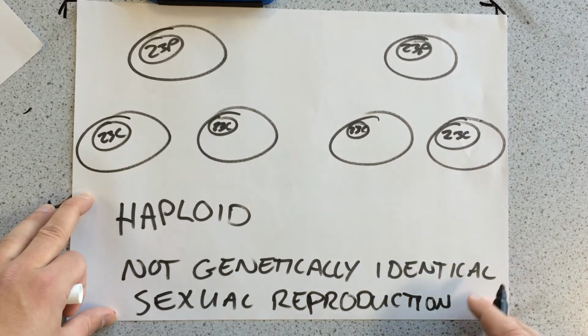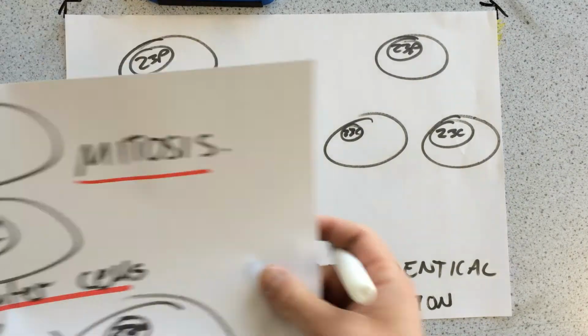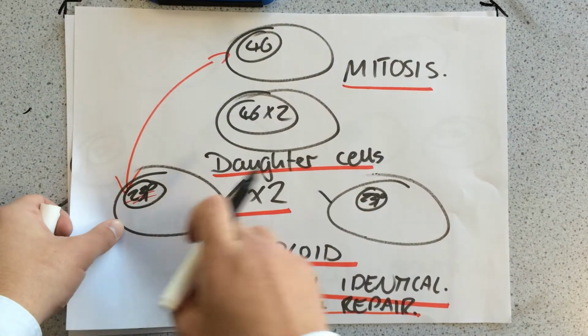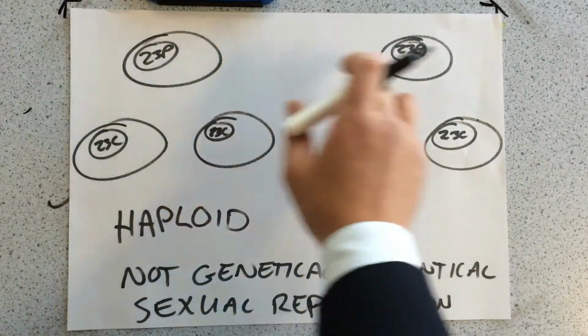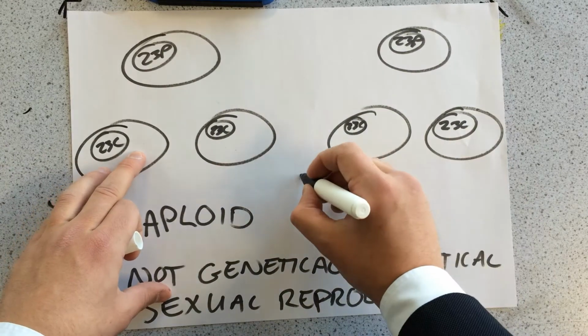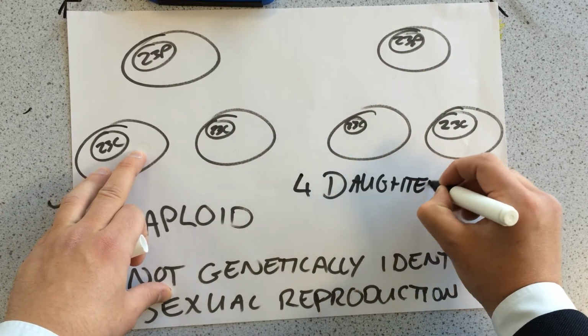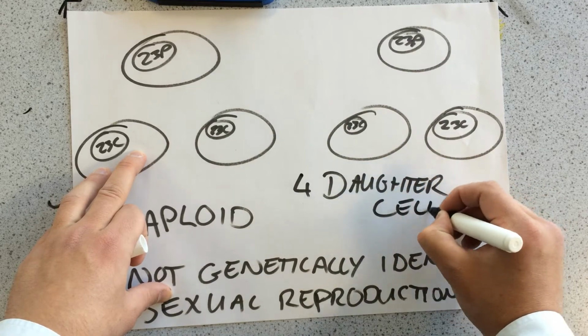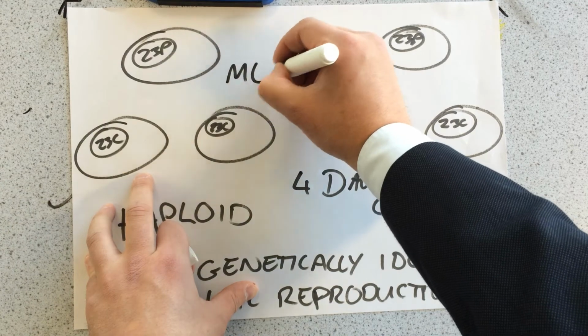Now, because I started off with an original cell that duplicated itself and split into two, and then each of these two cells did a further division, I've now got 4 daughter cells. Not daughter nuclei, like smelly physics. And this is the hard one to spell.